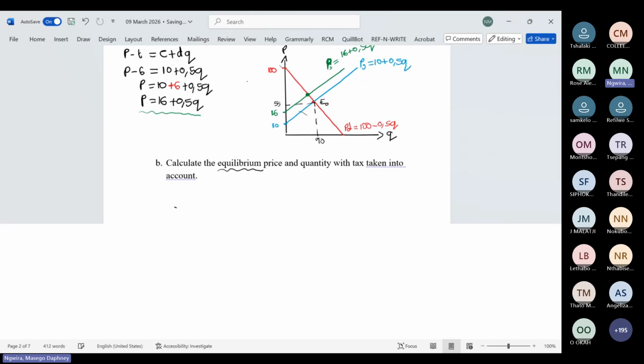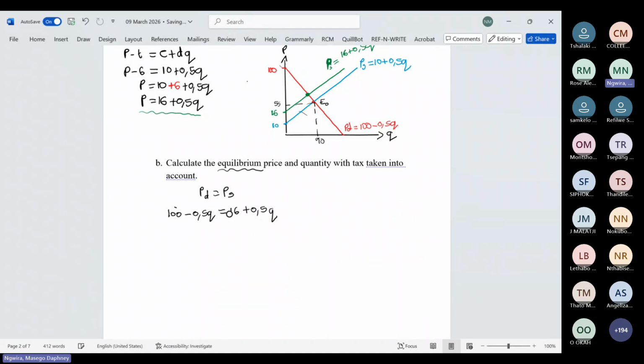PD is equal to PS, but the PS that you introduce here is the one with tax, this new one. So our PD is 100 minus 0.5Q, and this is equal to the supply function with tax, 16 plus 0.5Q.